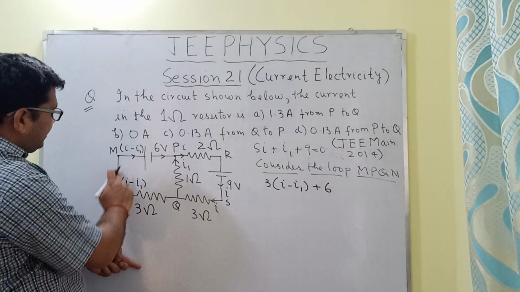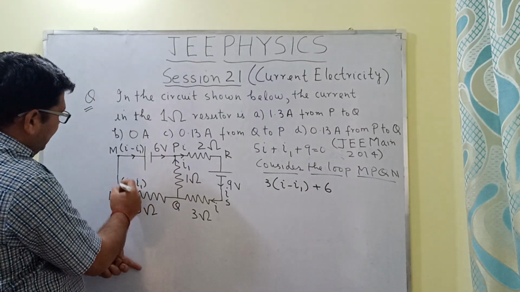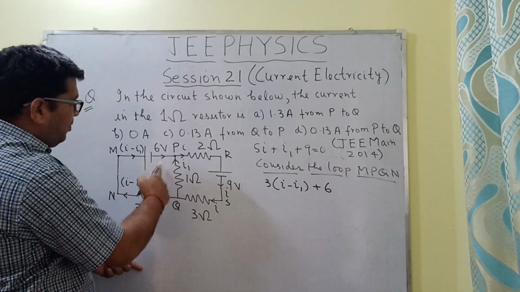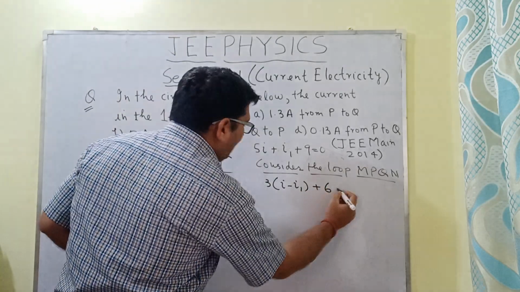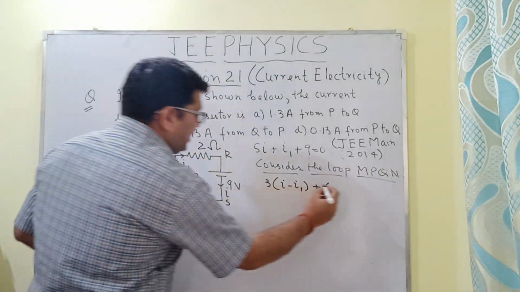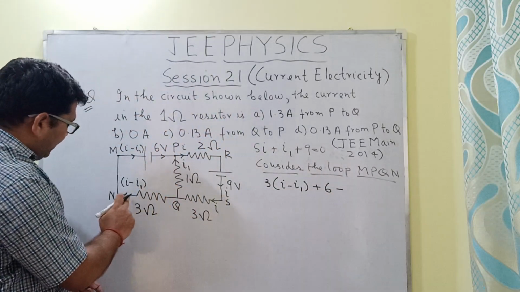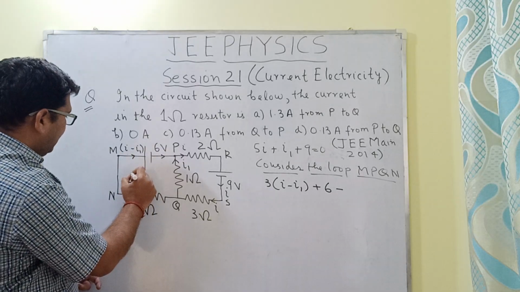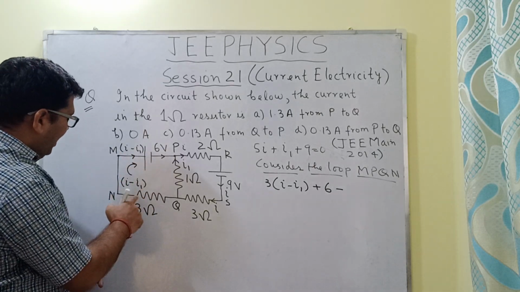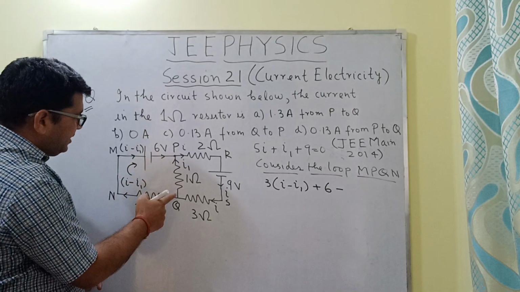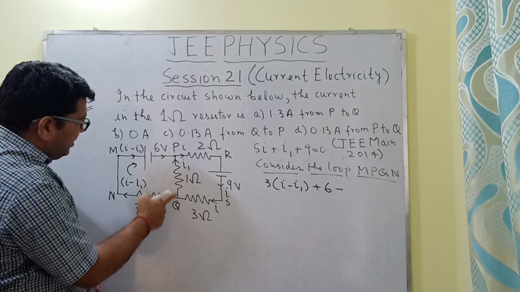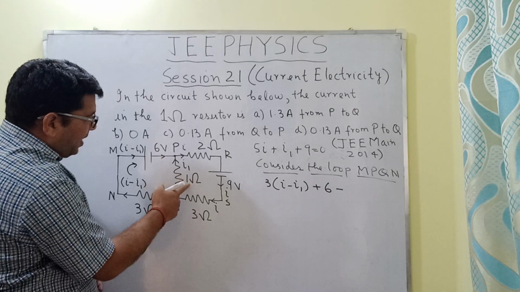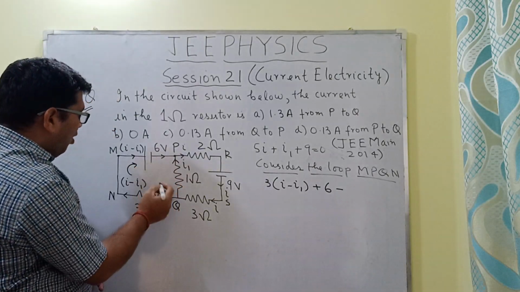And now here, if you take this loop, the current here is flowing in this direction, but in this resistor the direction of the current is opposite. So the potential difference across this resistor will be taken as negative, because the current which is flowing in this loop has been taken in this direction.